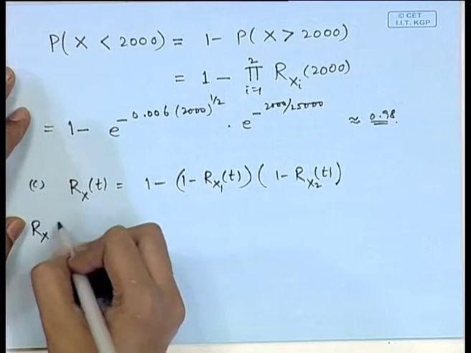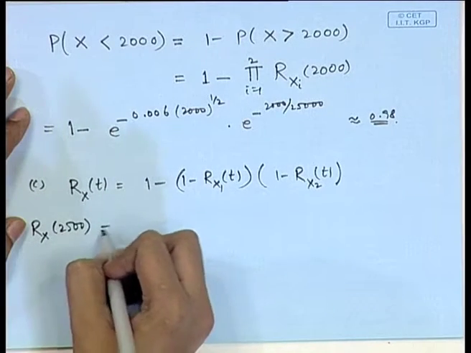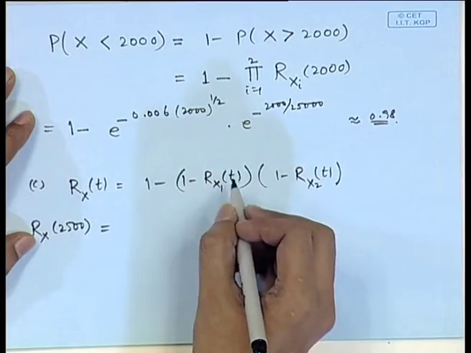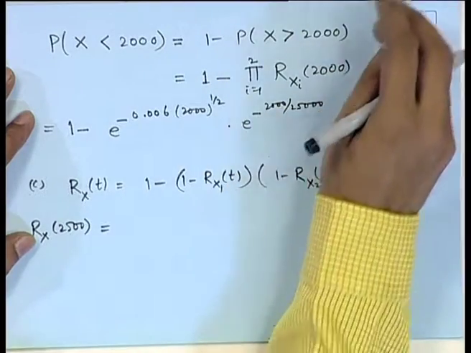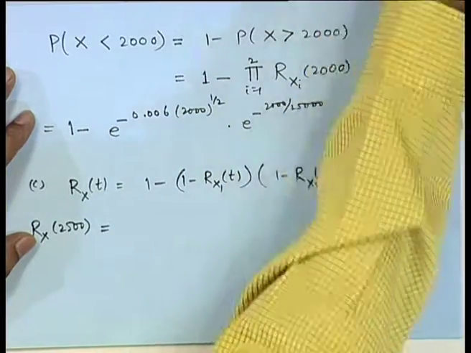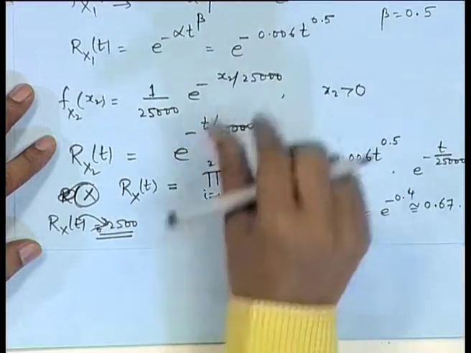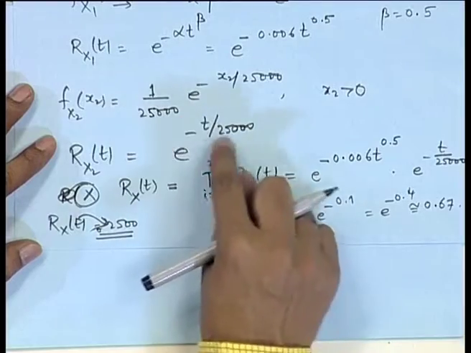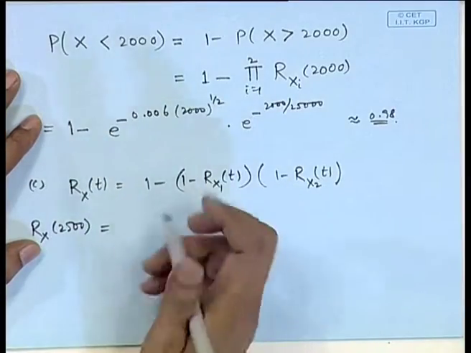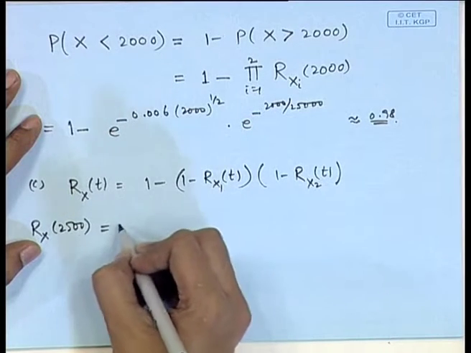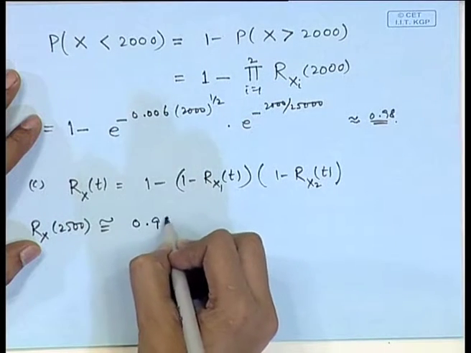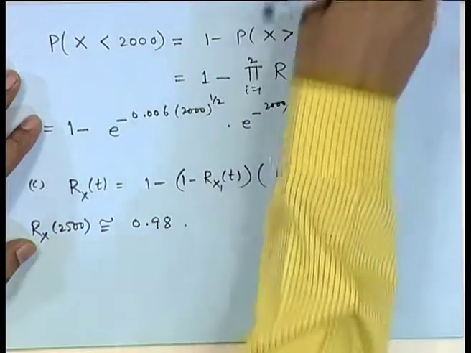If we calculate at 2500 hours, after substitution of the values of R X1 and R X2, which we have evaluated here, it turns out to be approximately 0.98. Compare the values which we calculated in the two parts.